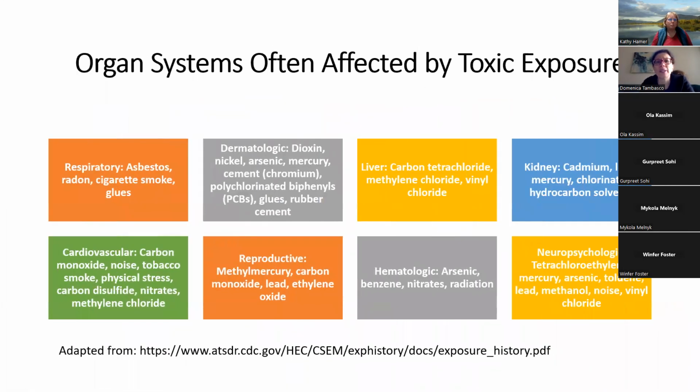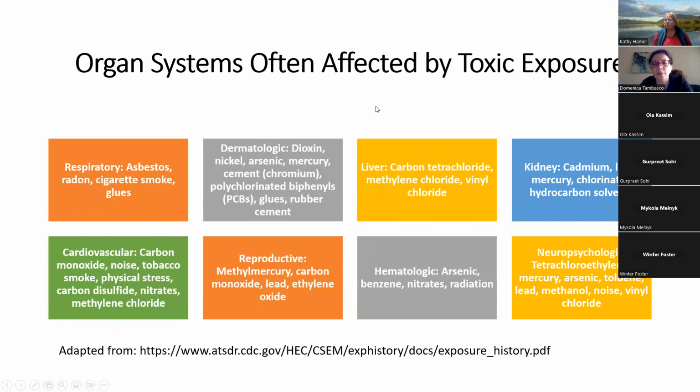So here we see organ systems that are often affected by toxic exposure. The contents of this was adapted from the CDC's ATSDR website, and as you can see, from respiratory to neurologic to hematologic, all organ systems can be affected by various toxins.